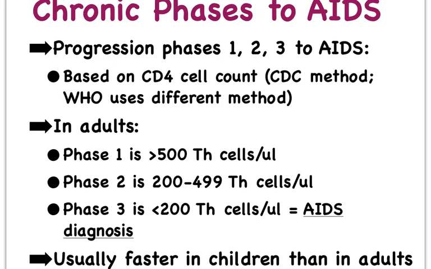So we're going to see phase 1, phase 2, and what's really important here is that once we are below 200 cells per microliter of blood, that's when a person is officially diagnosed per CDC rules with AIDS. This happens much faster in children, by the way, than in adults, this progression.